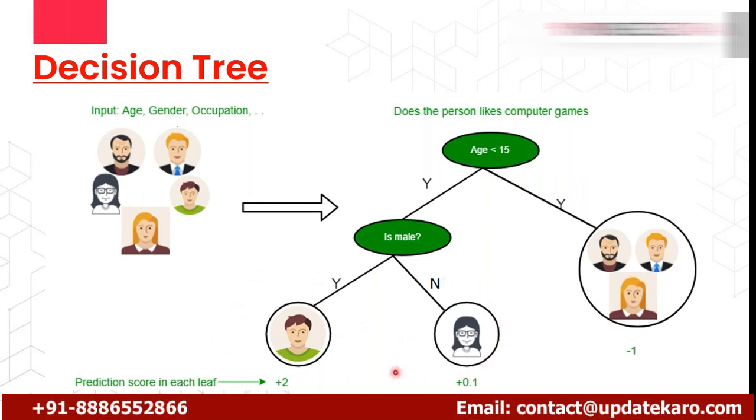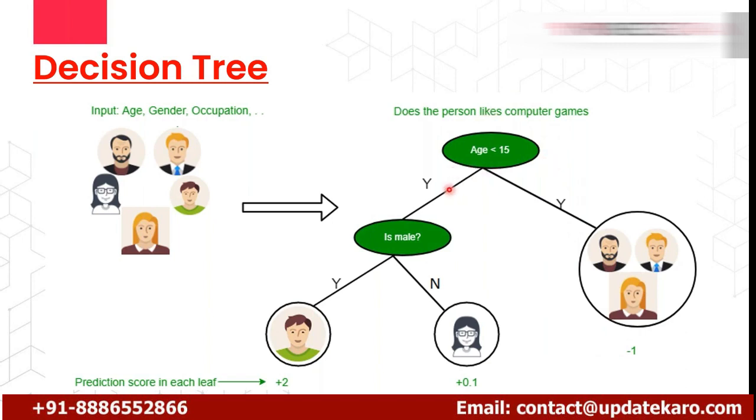First we go with the age column and check if age is less than 15, so we can simply say yes. The negative score means they don't like computer games.